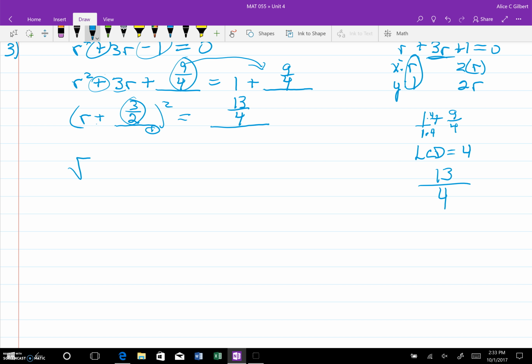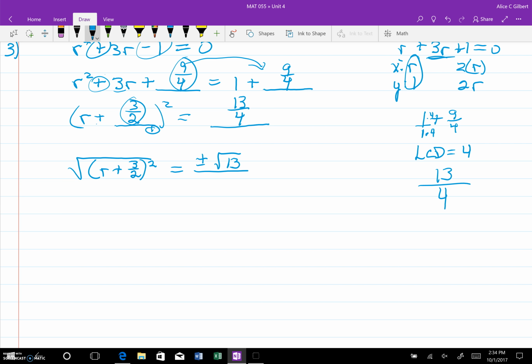Now I'm ready to use my square root property method, because this is in the proper format. Now, I'm going to give you 2 pieces of advice here. I give this to everybody every semester, and nobody ever takes this advice. So you be the first one to take this advice, okay? Whenever you have a fraction on the right side, always split it up.